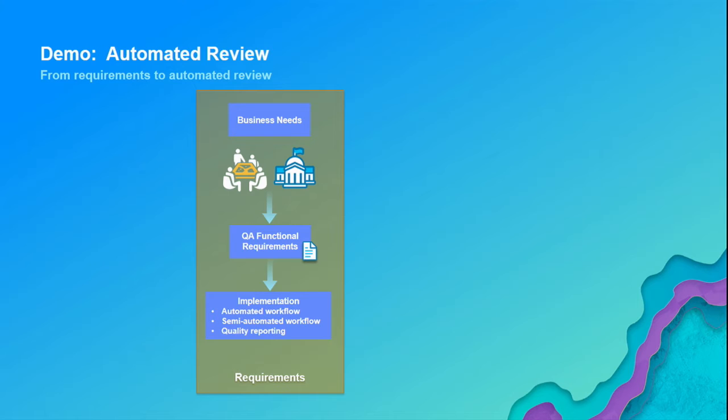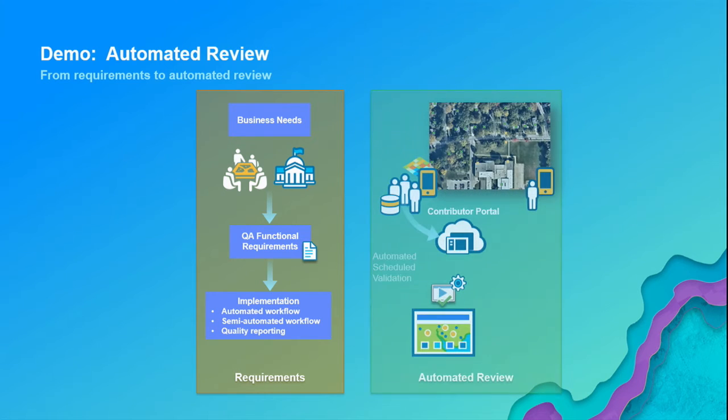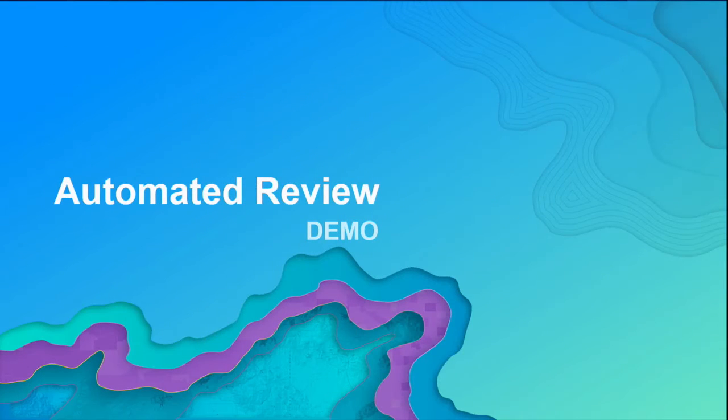Once those functional requirements are defined as either Reviewer batch jobs as part of the ArcGIS Desktop workflow, or can be defined as ArcGIS rules as part of ArcGIS Pro, then you can define a web portal like a contributor portal, where you can run automated validation as the contributor provides data, and provide back feedback to the users as errors. So that drives us into the first demonstration.